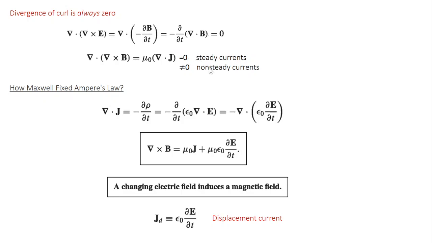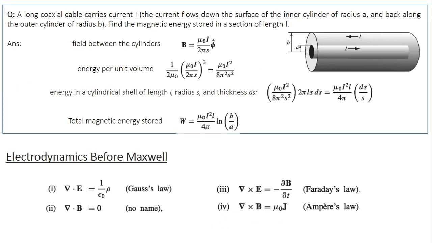But in the case of non-steady currents, divergence of J is not equal to 0. So the fundamental theorem of vector analysis is not valid here, which means there is an inherent inconsistency in this equation given by Ampere, and we need to correct this.